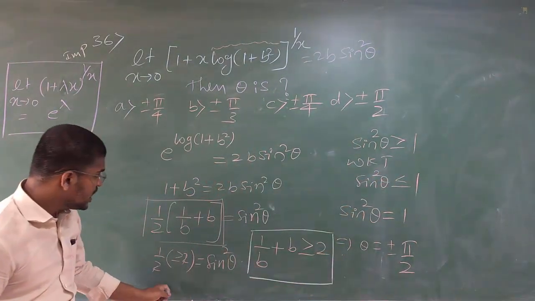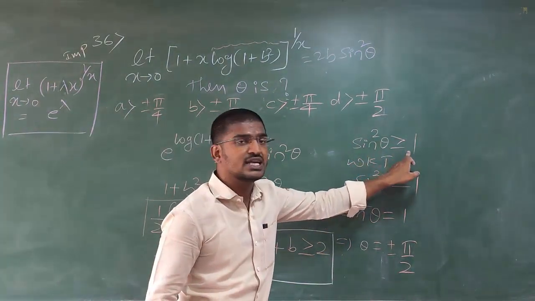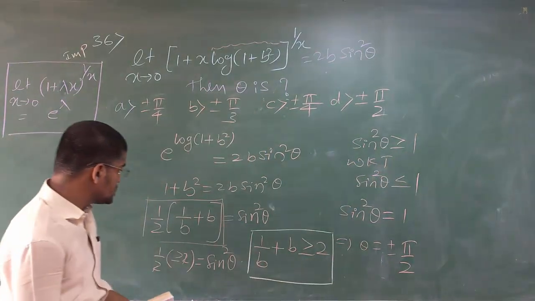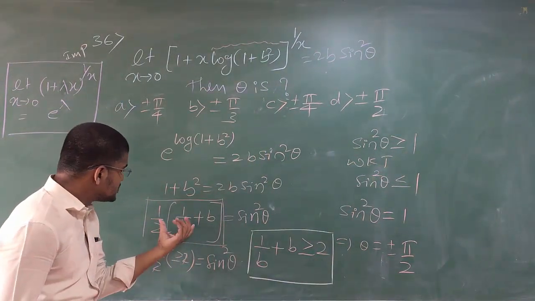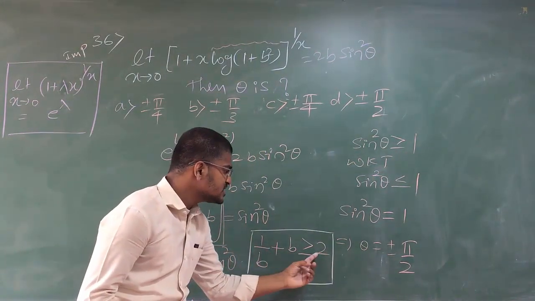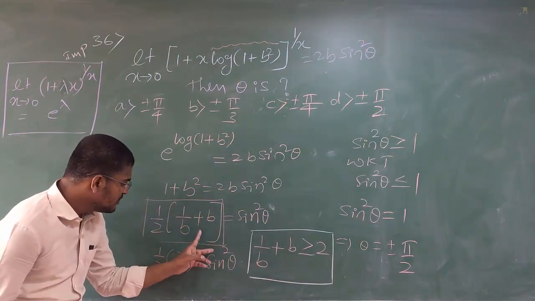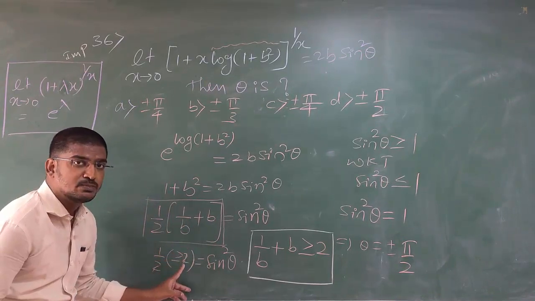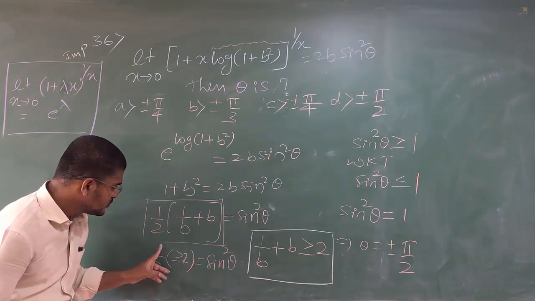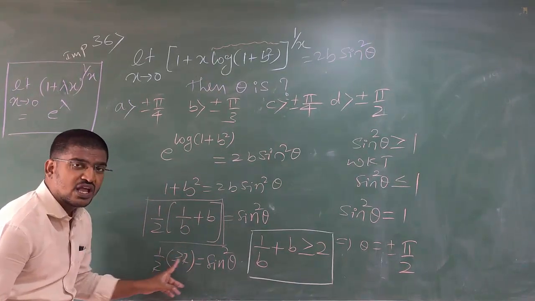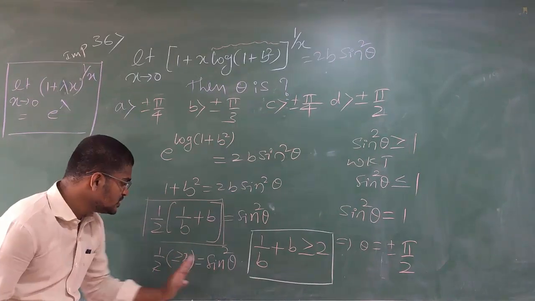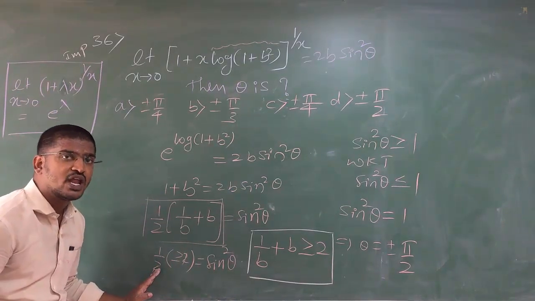If I simplify here, you are going to have sin square theta is greater than or equal to 1. Why? Because your LHS term is greater than or equal to 2. This greater than or equal to 2 is simplified, means 2 will get cancelled. It will be greater than or equal to 1. That means sin square theta is greater than or equal to 1.